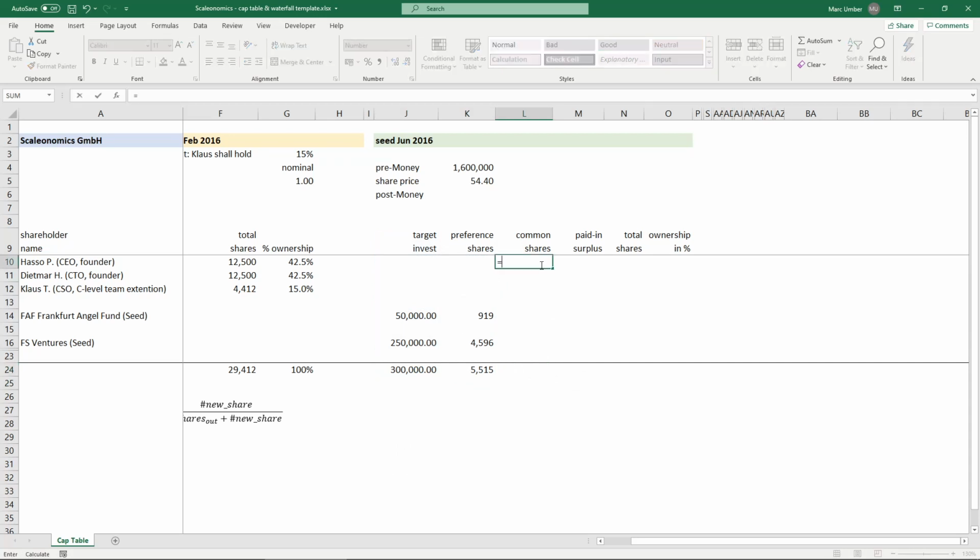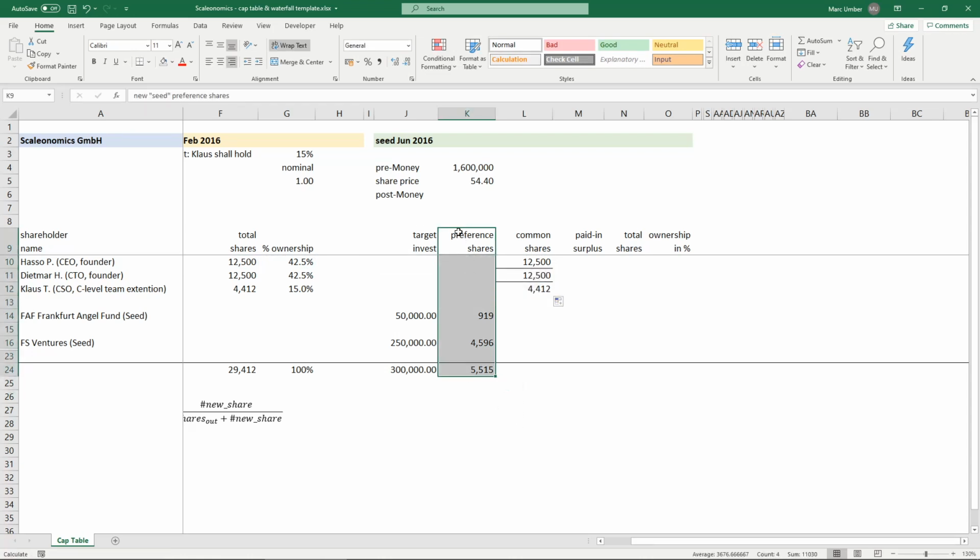We also know that there are already common shares outstanding, and this is the first time where we will separate between the newly created preference shares for seed investors, because we call them preference shares because holders of these shares have a non-participating liquidation preference. Common shareholders do not have this right.